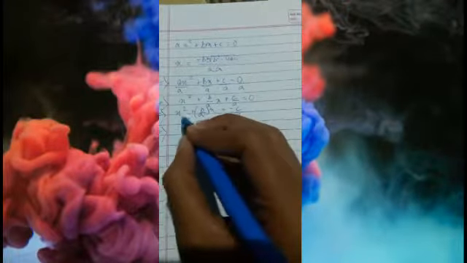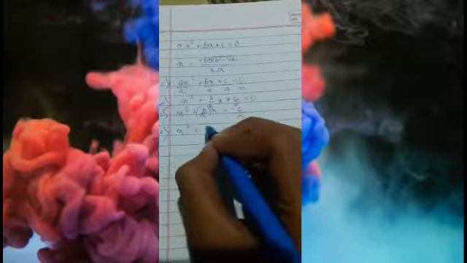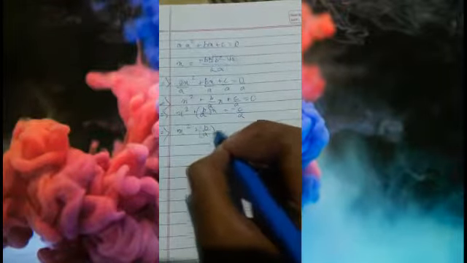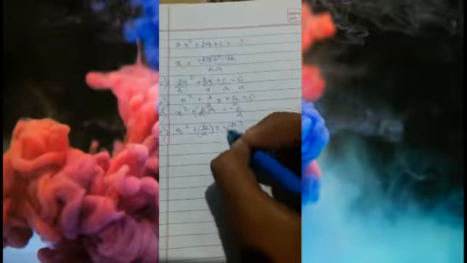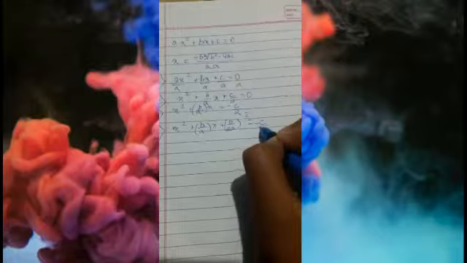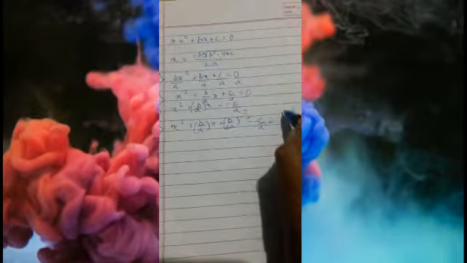So now we'll complete the square. To complete the square, we have to make this whole thing into a plus b whole square format. For that, if we take x as a and b by a as b, and if we don't alter these two terms, then it becomes x square plus b by a into x plus b by 2a whole square equals minus c by a.